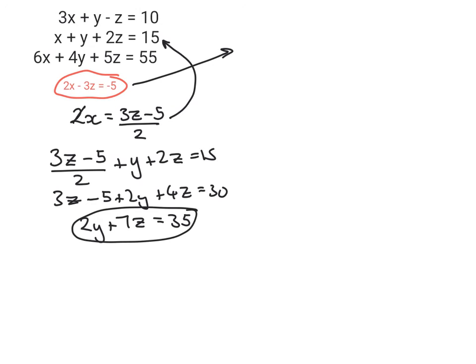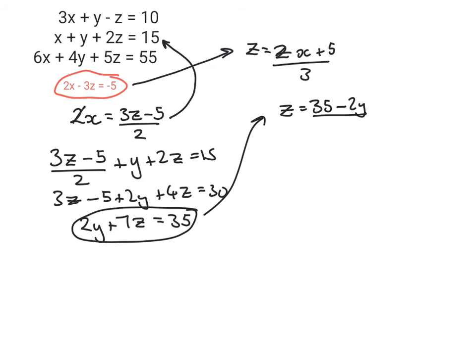So this equation here becomes, if I take the 3z to one side, the 5 to the other and divide by 3, z equals (2x plus 5) over 3, and this equation becomes z equals (35 minus 2y) over 7.